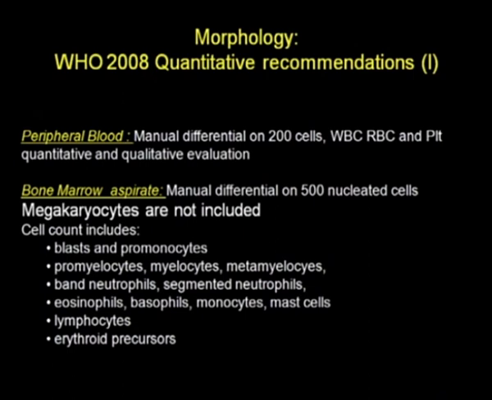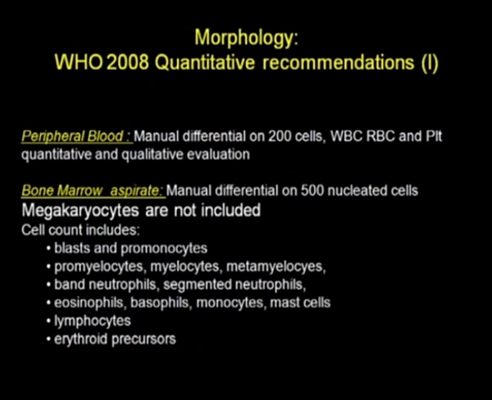And in the myelogram, we have to include and enumerate blasts and promonocytes, promyelocytes, myelocytes, metamyelocytes, band neutrophils and segmented neutrophils, eosinophils as well, basophils, monocytes. In this classification, mast cells are definitively put into the myeloid context, and in the myelogram we should include lymphocytes and erythroid precursors.